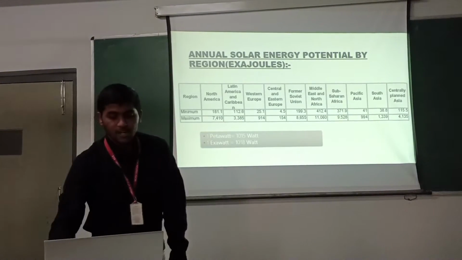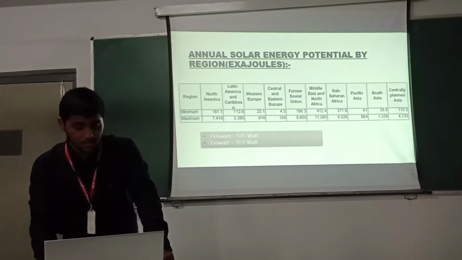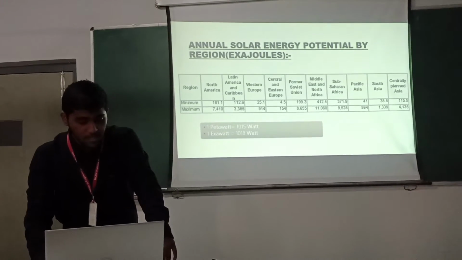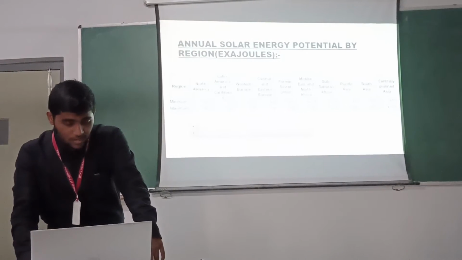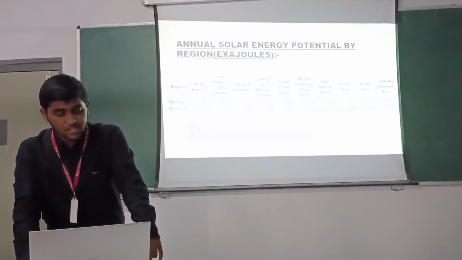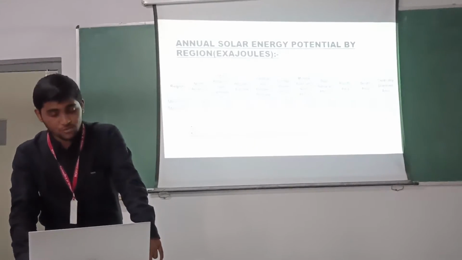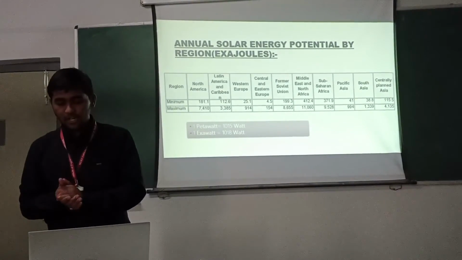Now the annual solar energy potential region-wise. We can see the minimum potential of North America is 181.1, Latin America and Caribbean 112.6, Western Europe 25.1, Central and Eastern Europe 4.5, former Soviet Union 199.3. It is now divided into many countries.